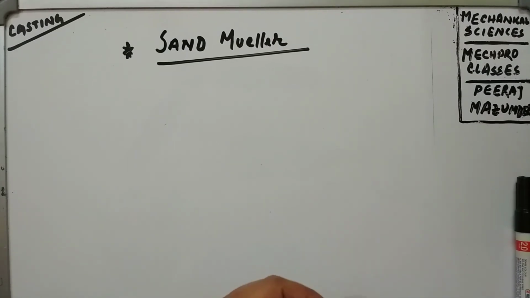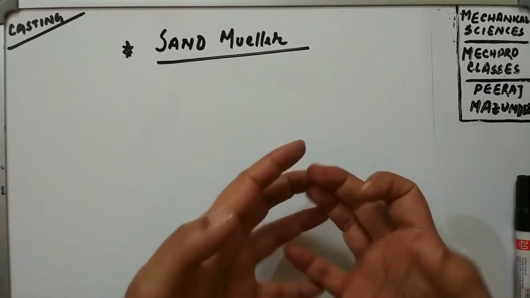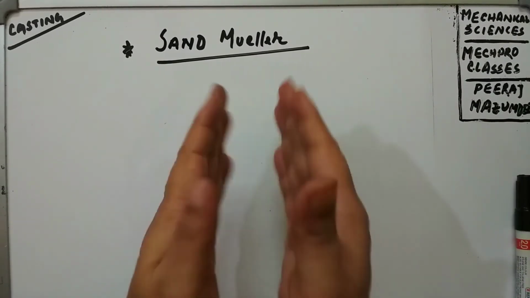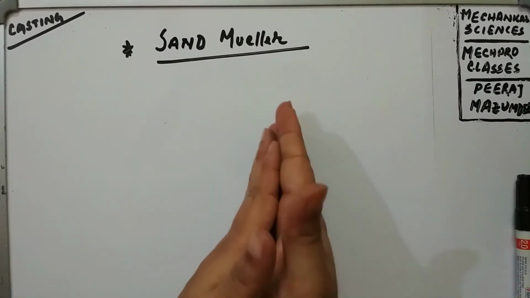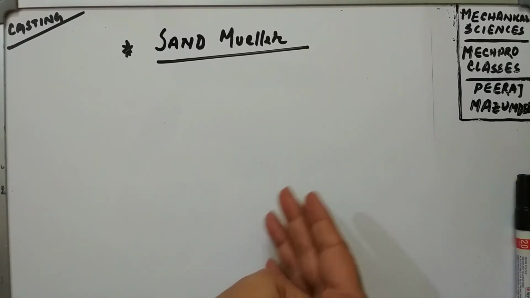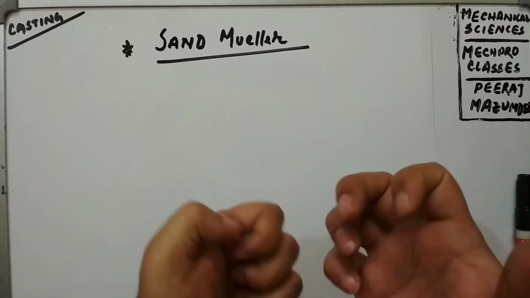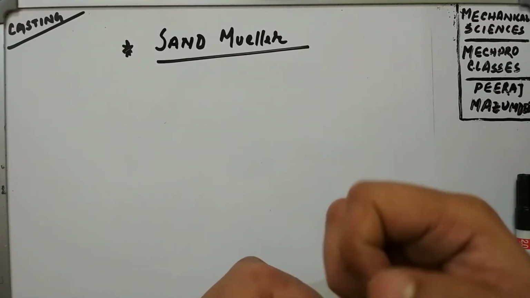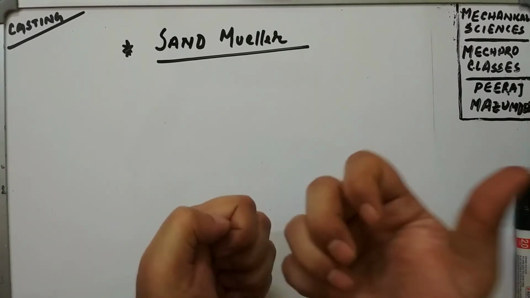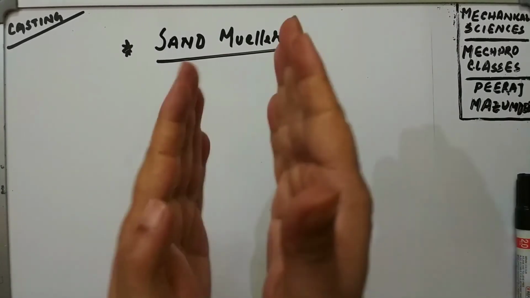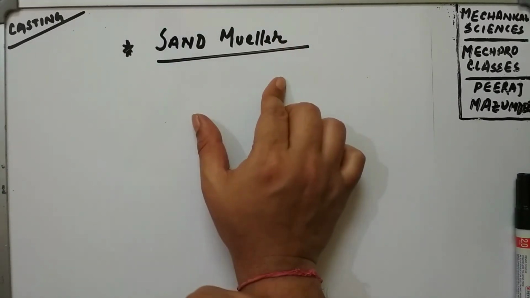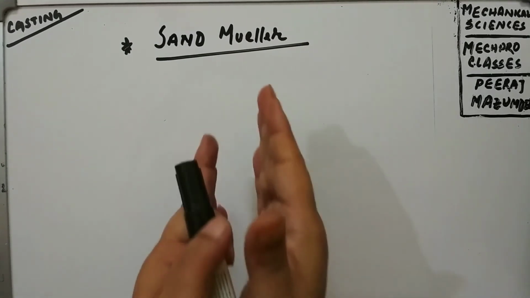To do that automatically with the help of electrical power, you can see a similar type of machine used by civil engineers in the construction of roads and bridges, where they are mixing concrete and cement. In the sand muller we mix the sand, clay, water, binders, and additives. So you must know the name and the purpose of this machine.